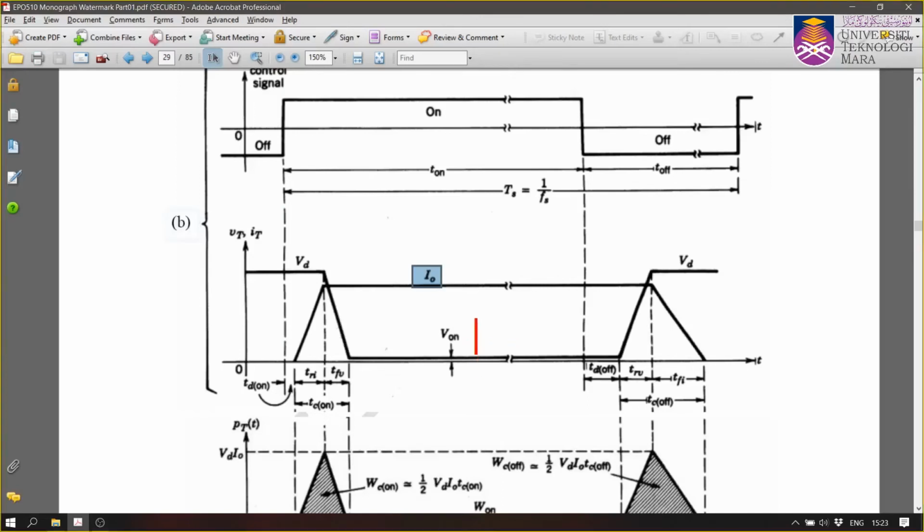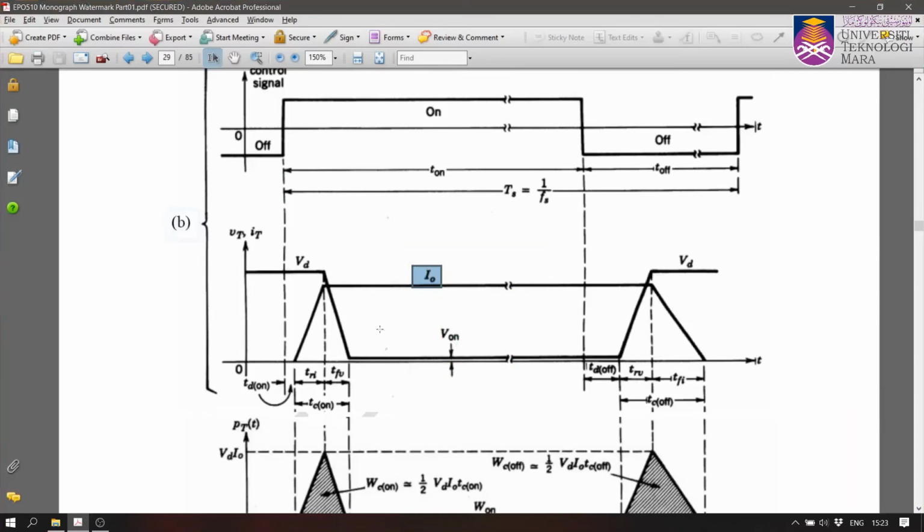So we can assume that this is 0, but in practice there is some V on. But we just want to focus on the transition, the switching loss here and here. This is the switching loss, and that one is actually the forward conduction loss, during which the device is on.